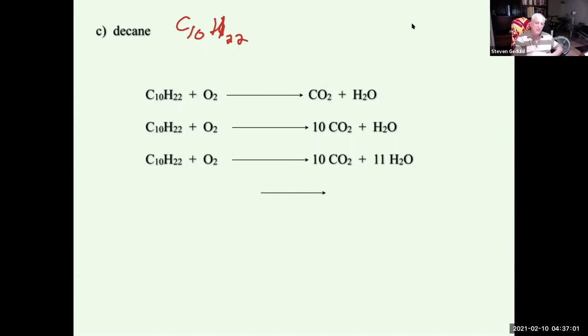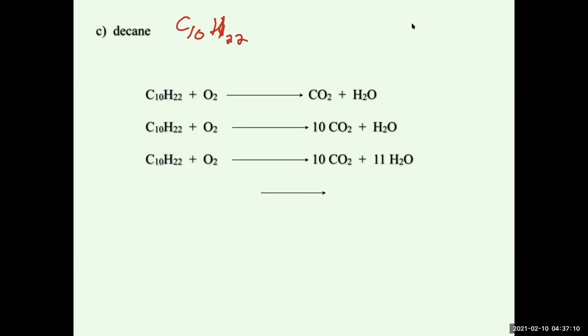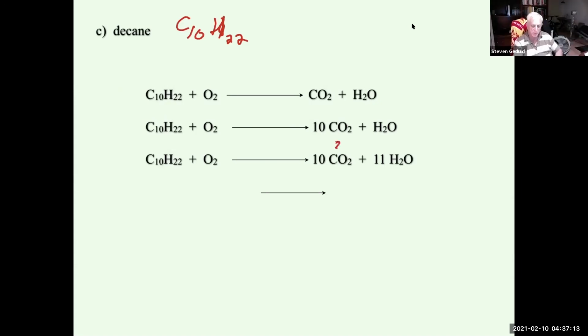Now all I have left is to balance oxygens. How many total oxygens do I have on the right-hand side? 31. I have 10 and 10, which is 20, plus 11 here, so 31 total oxygens.